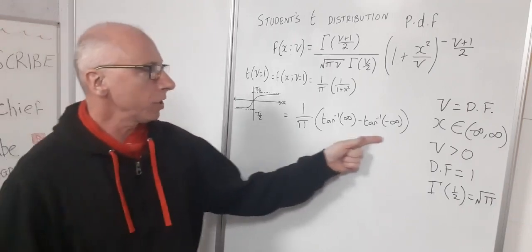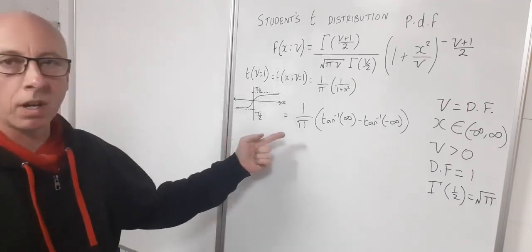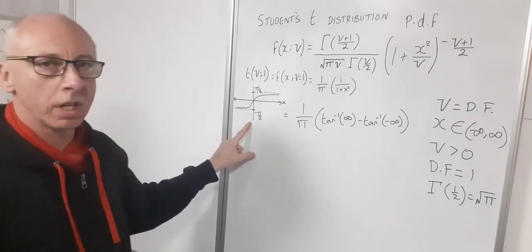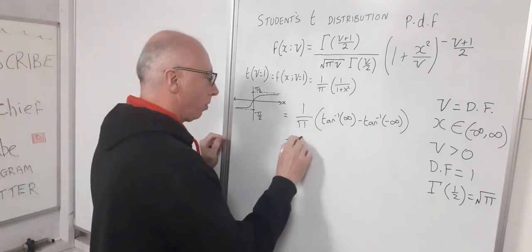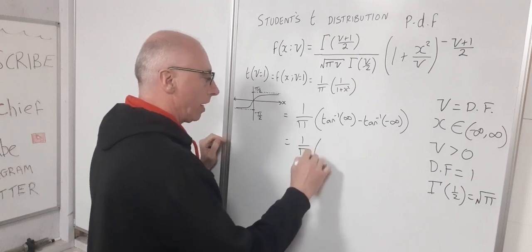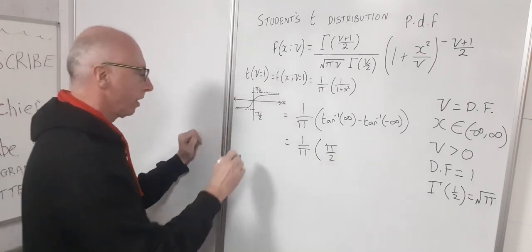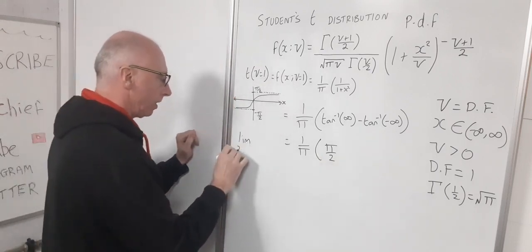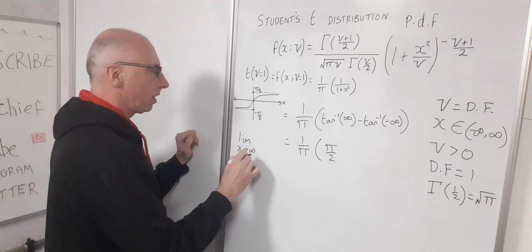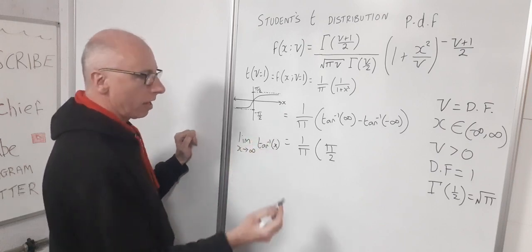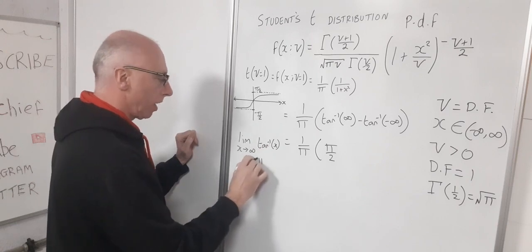Okay, so I've just written this up here like this for the result of our integration. So now let's fill in our values using our graph. So we've got 1 over pi, and then we've got pi over 2. So basically I could have also written that: the limit as x approaches infinity of the inverse tangent of x, that would also give me pi over 2.